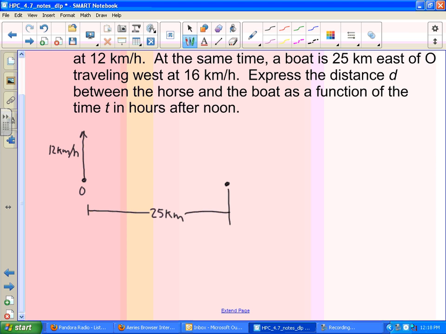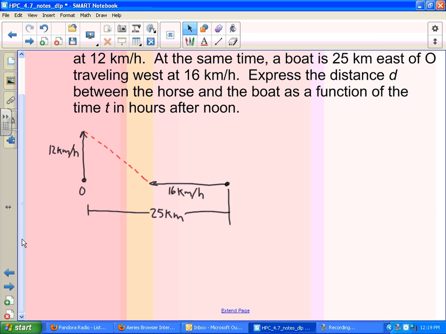We have this boat, and this boat is going to travel towards point O. It travels at a rate of 16 kilometers per hour. And at some time t, those two will be some distance away from each other. So here is the triangle. This is the essential part of the problem, right there. That's the triangle we're looking at.